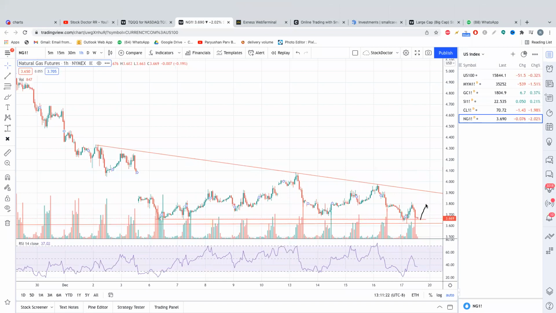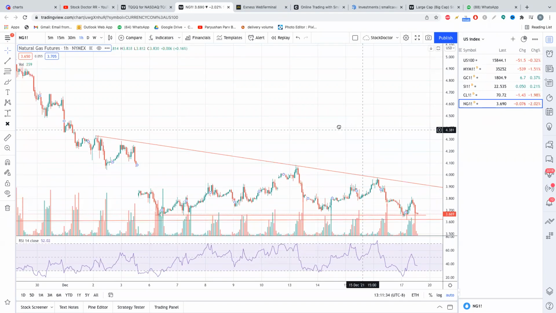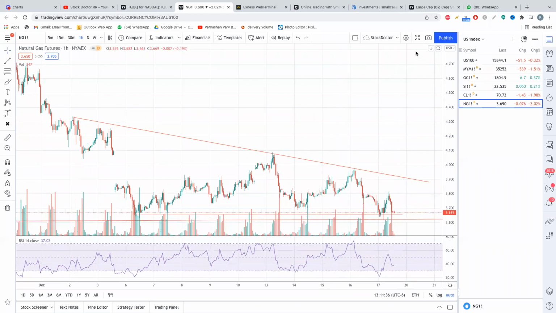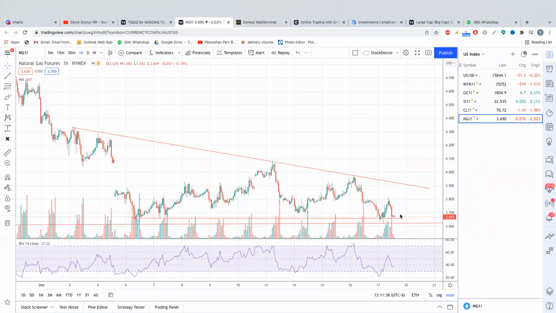You travel back here and then go down, or maybe once it starts trading below this, then it will have the target of $3.3.